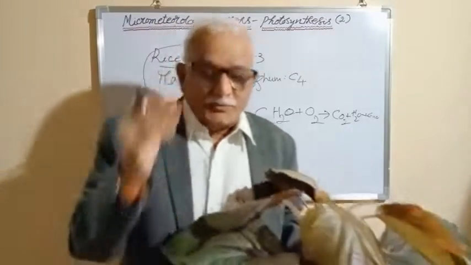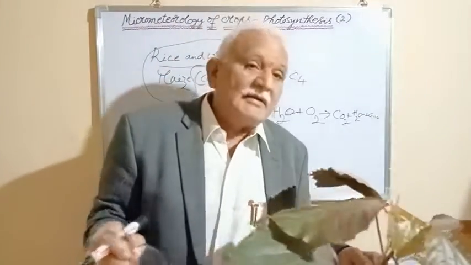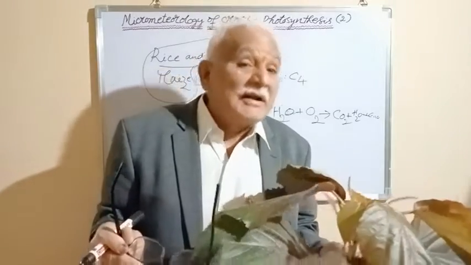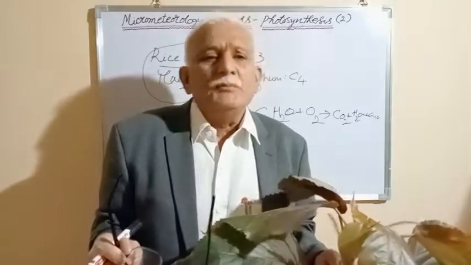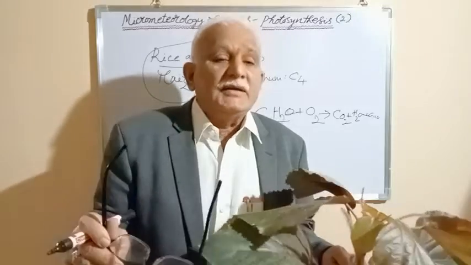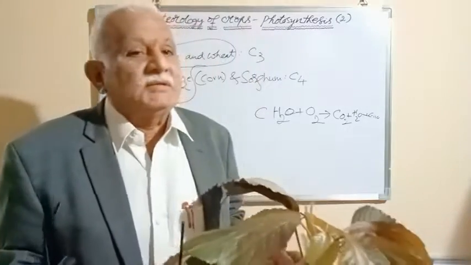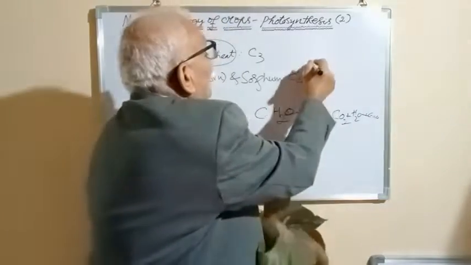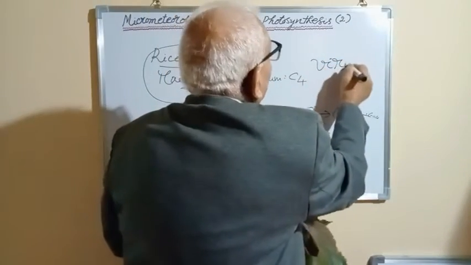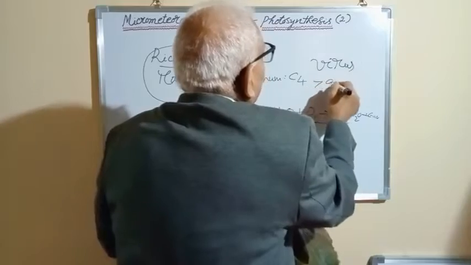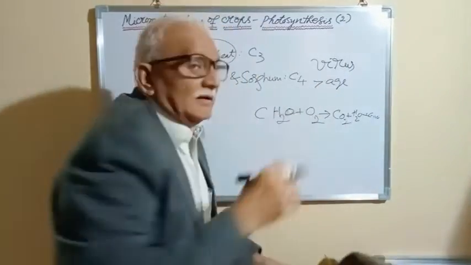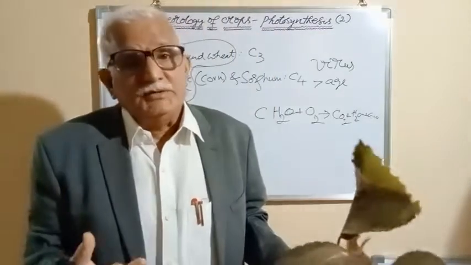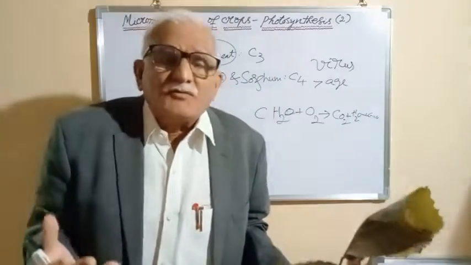Now, I would like to say very interesting things. Photosynthesis is reduced under 2 to 3 important situations. One, when virus attack is there on the plant, and as the age of the plant grows, the photosynthesis won't form that much.